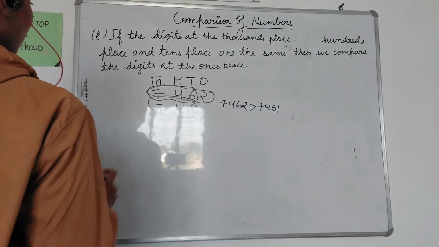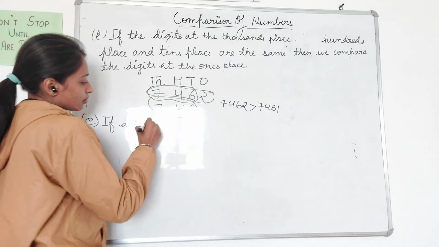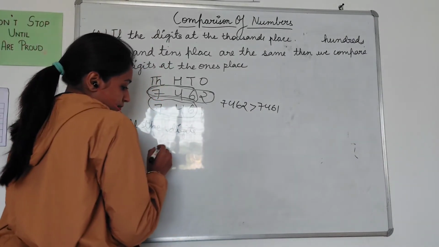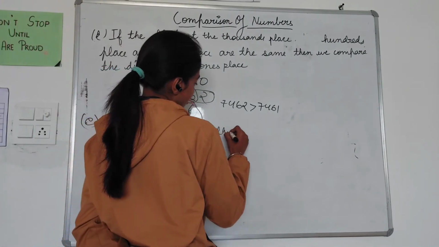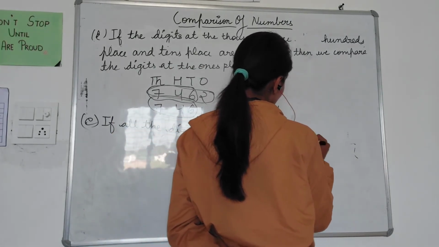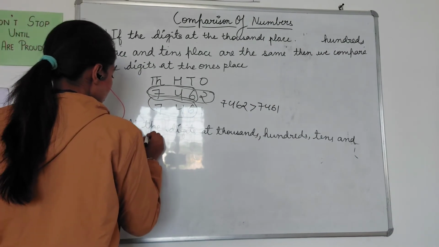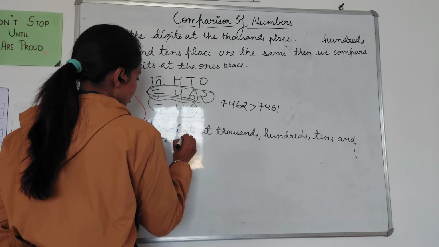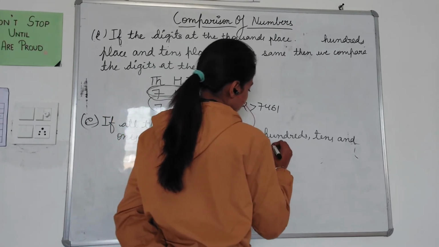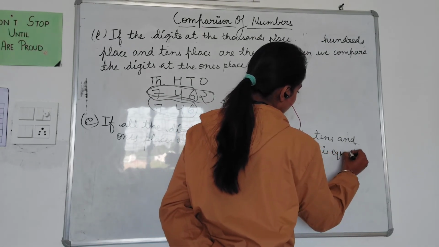Okay. Now the last condition is if all the digits at thousands, hundreds, tens and ones places are the same, then the number is equal.